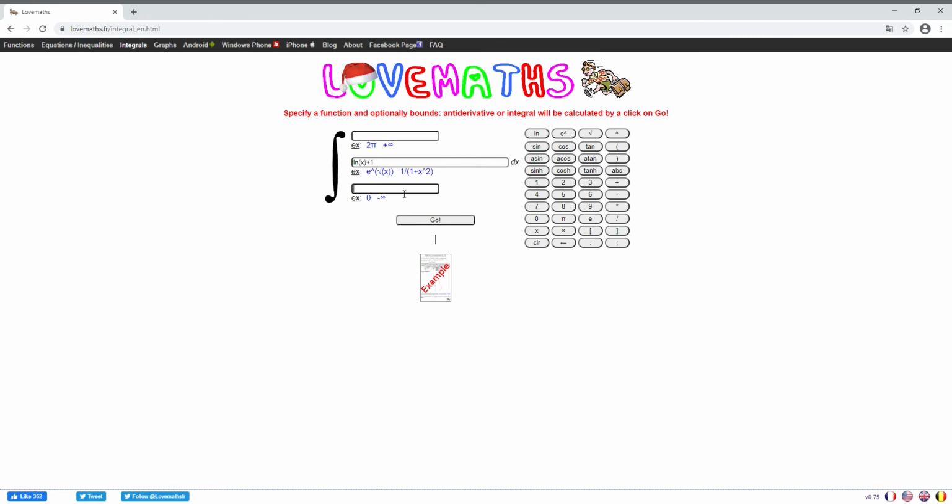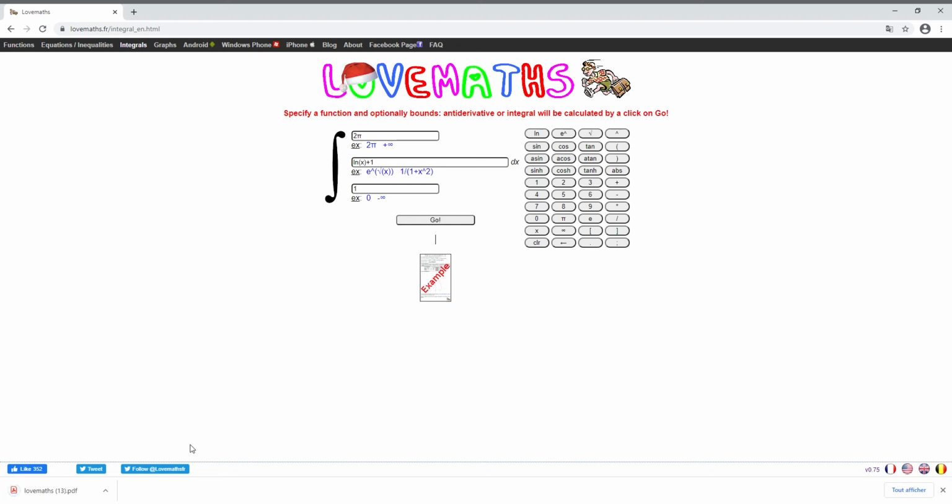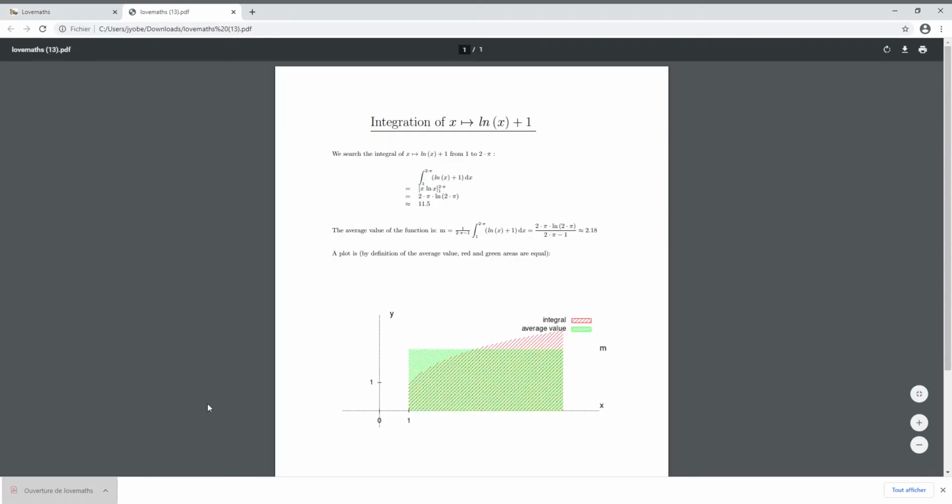Another possibility on this page is to calculate integrals. So for example, let's take the same function and calculate the integral from 1 to 2 pi. I use the keyboard for the Pi. And I click on Go. So I open the resulting PDF file.